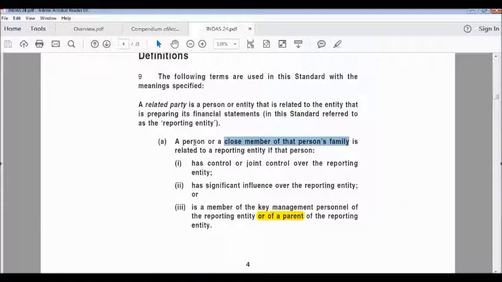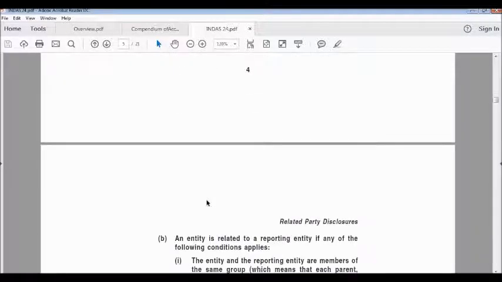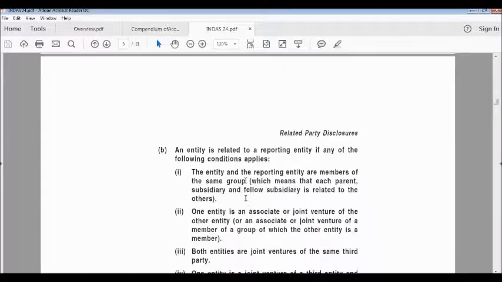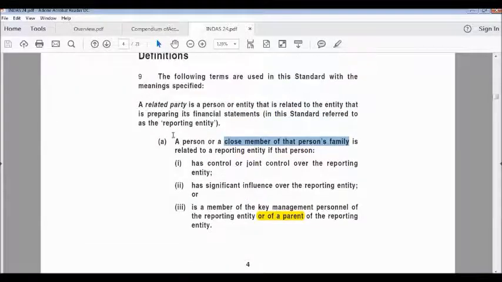A person or close member of that person's family is related to the reporting entity if those conditions are fulfilled, and case B is regarding an entity, which will be related to a reporting entity if any of the following conditions apply. The first one is a person or close member of that person's family, so we should know the meaning of close member of that person's family.